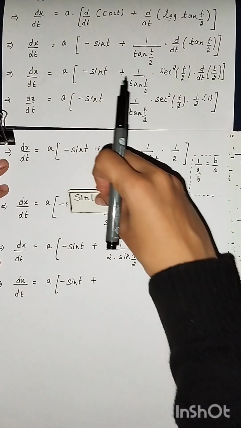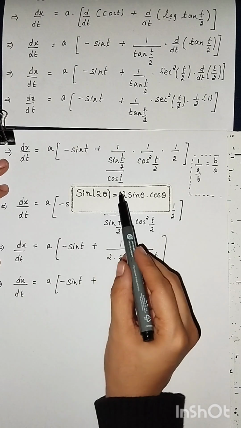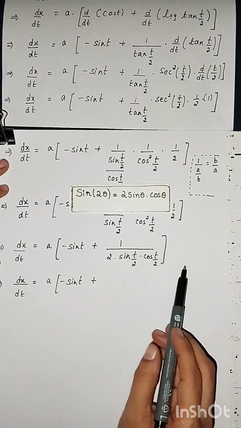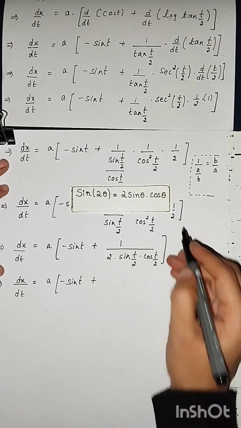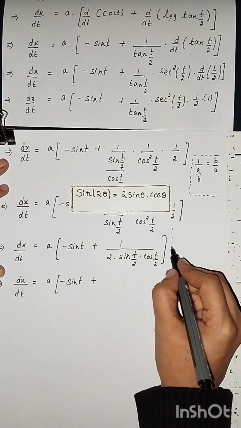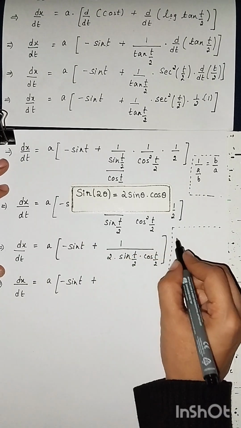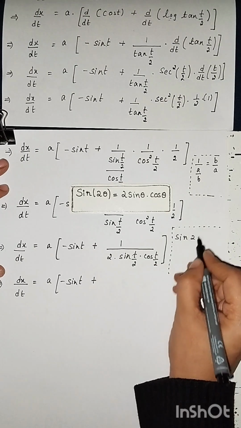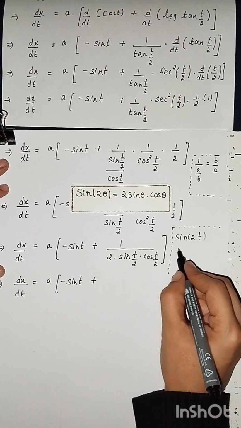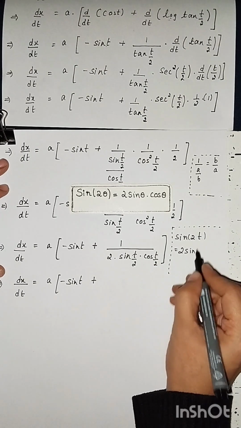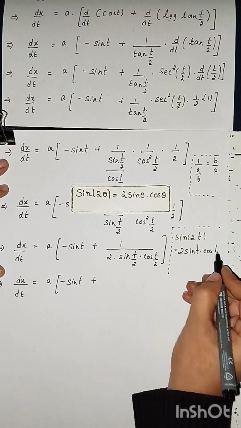So we know the formula, sin 2 theta is equal to 2 sin theta into cos theta, right? So from the half angle formula, when you have sin 2t, you will write 2 sin t into cos t.